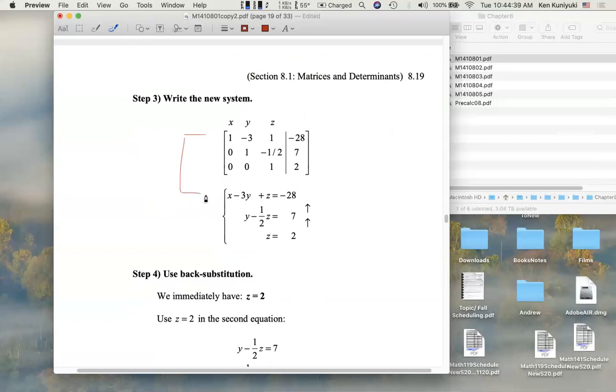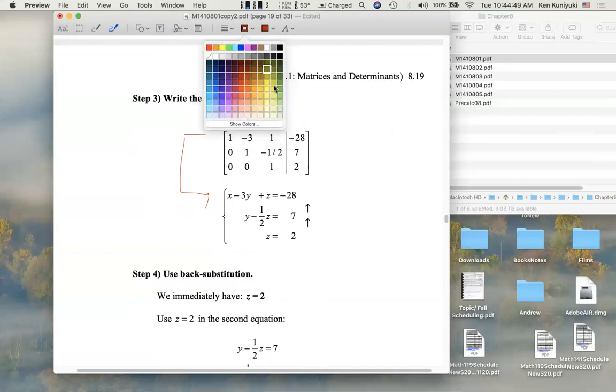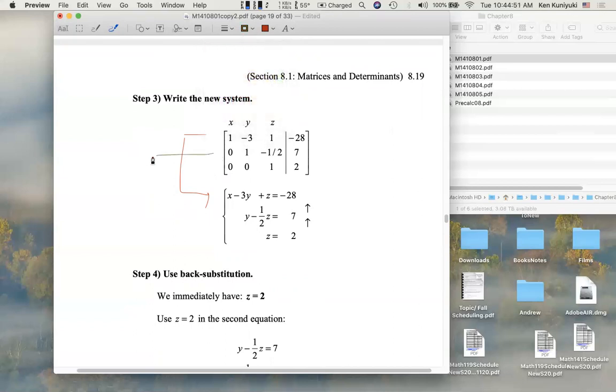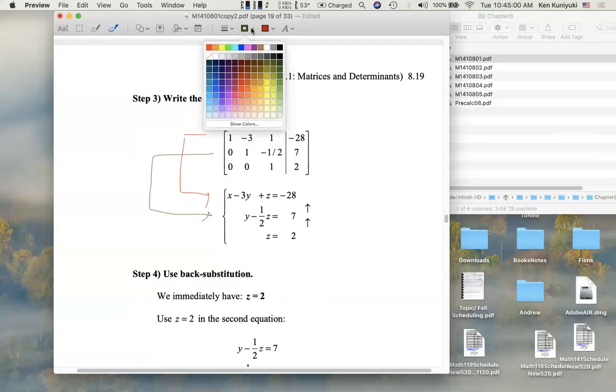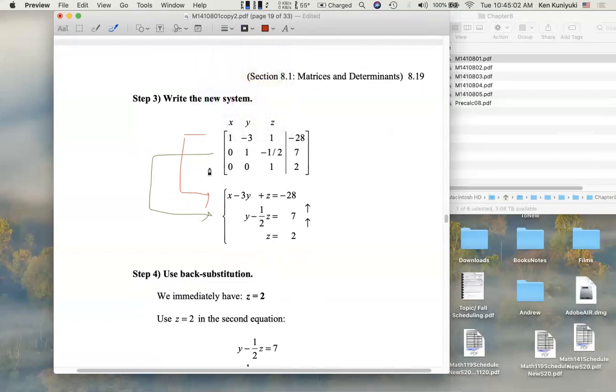From here, the first equation, x minus 3y plus z equals -28. Second row becomes y minus 1/2 z equals 7. Over here, z equals 2.